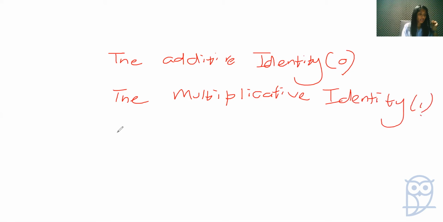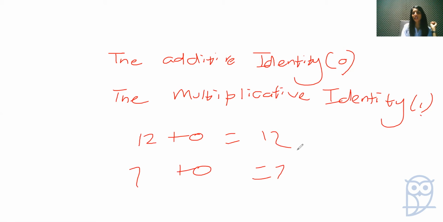So 0 is an additive identity and 1 is a multiplicative identity. So guys, even without using a calculator, for example, 12 plus 0 is still 12. 7 plus 0 is still equal to 7. You don't need a calculator to understand that. That is very basic. Anything we add to 0 will be the same number.